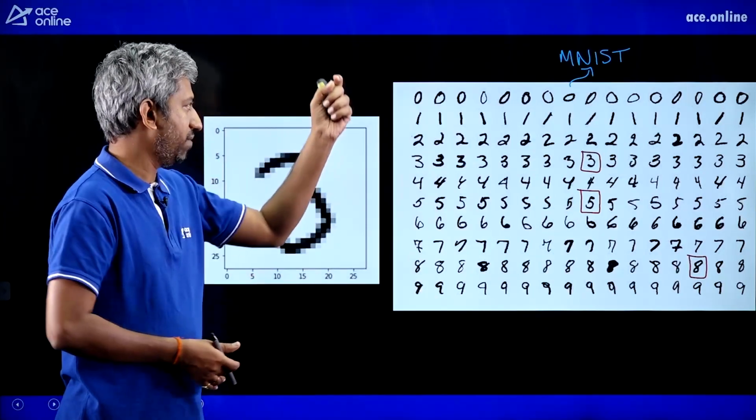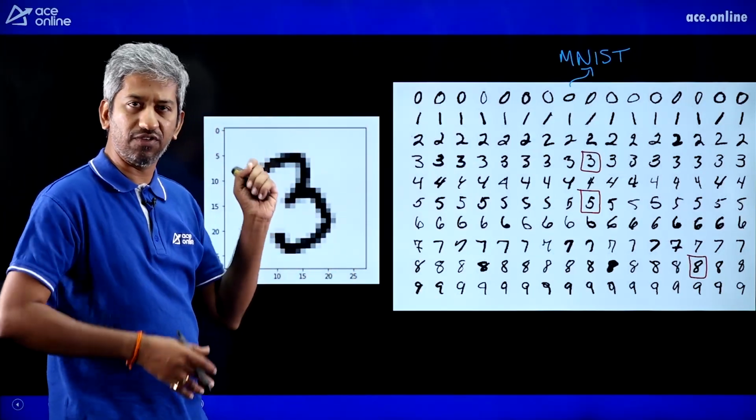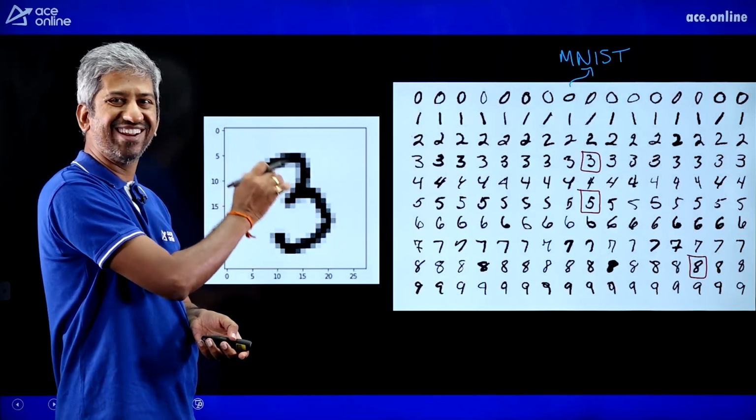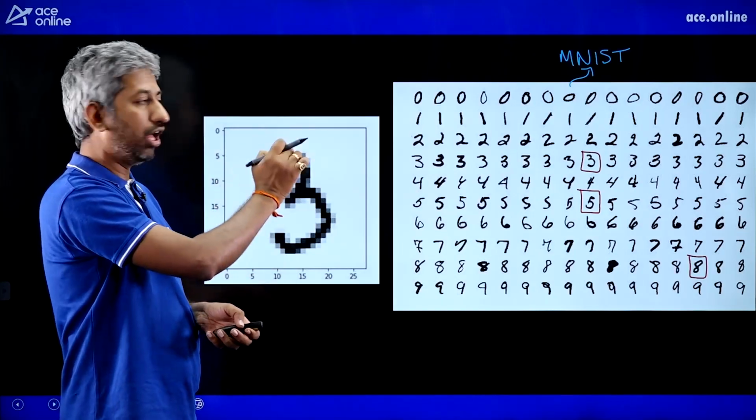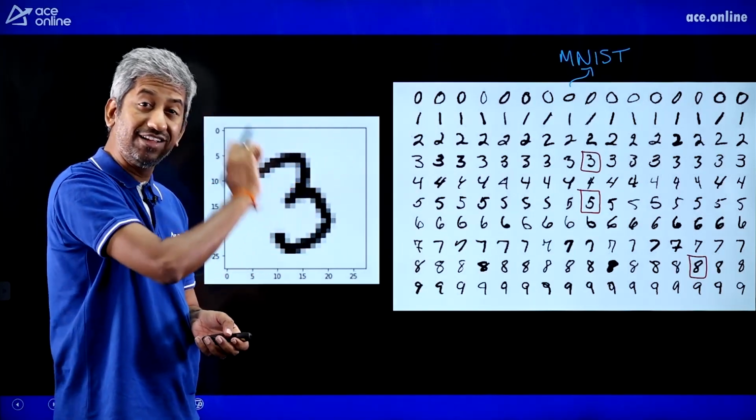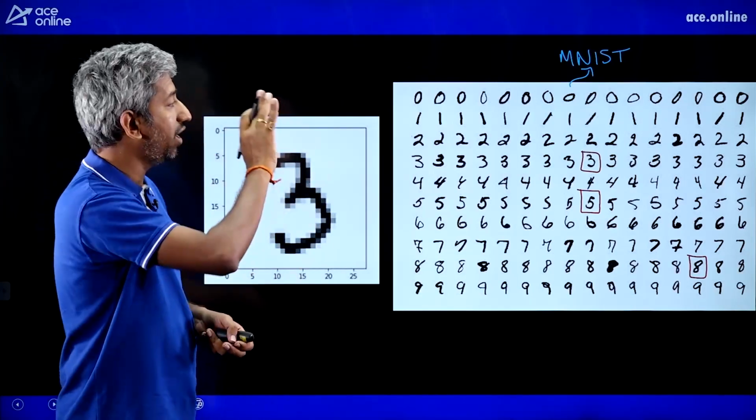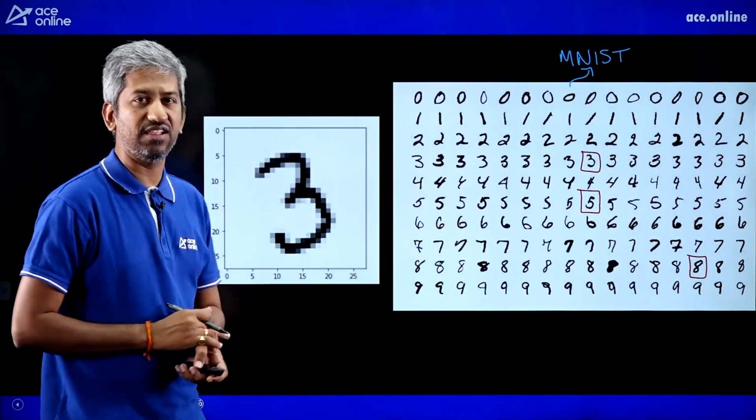Like that, ranging from 0 to 9, for 10 digits, the handwritten digits' corresponding images are there in your data set.